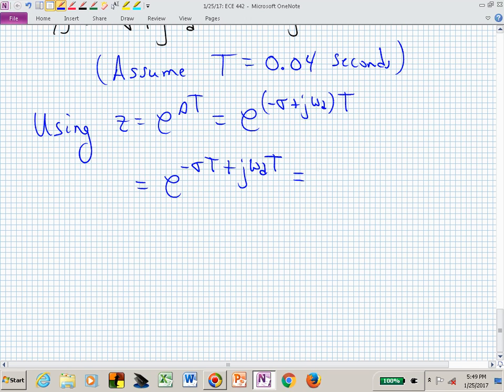We can write that equivalently as e to the minus sigma T times e to the j omega sub d T.